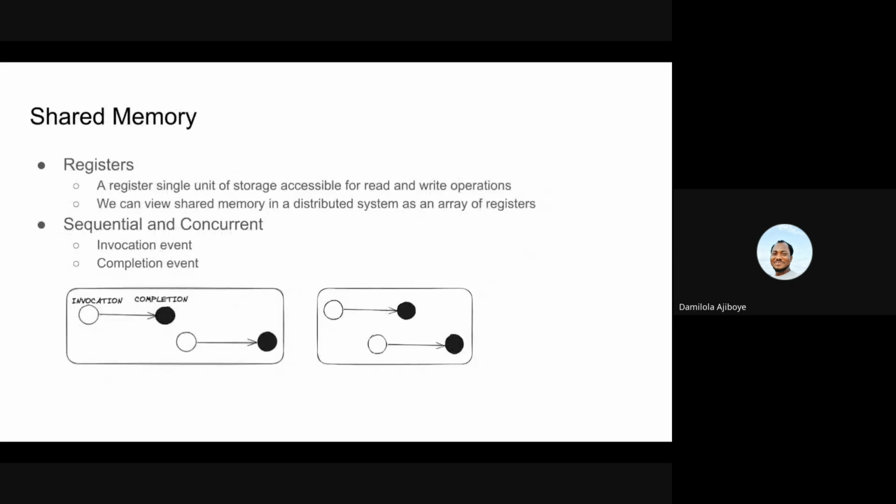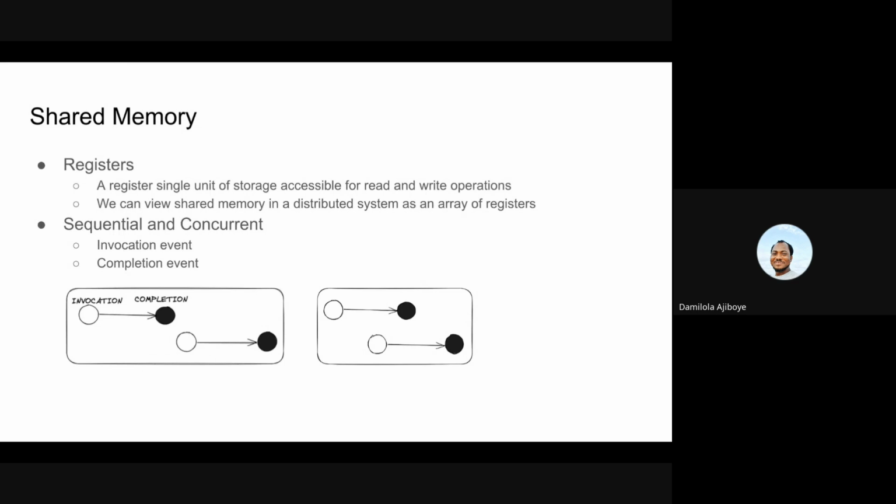So let's look at shared memory, something the book has talked about. We'll go straight to registers. The book talked about registers as a single unit of storage that is accessible for read and write operations. We have registers in processors, like ARM processors and x86-64 processors.